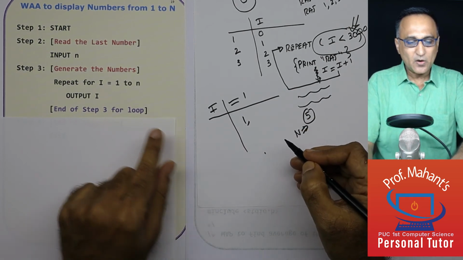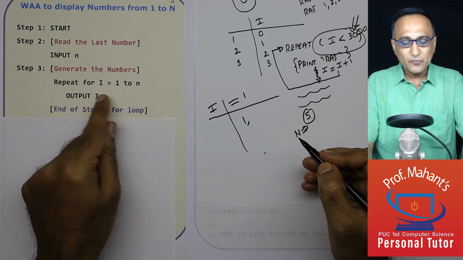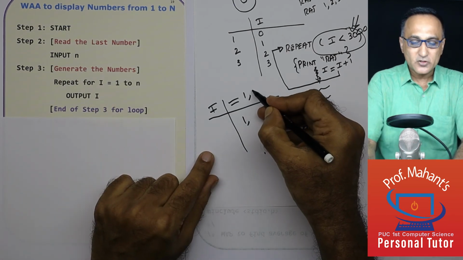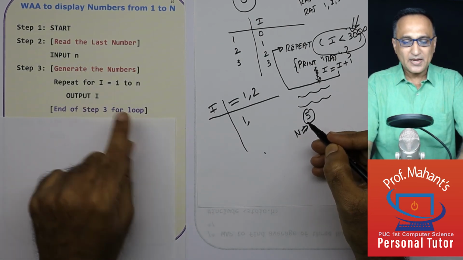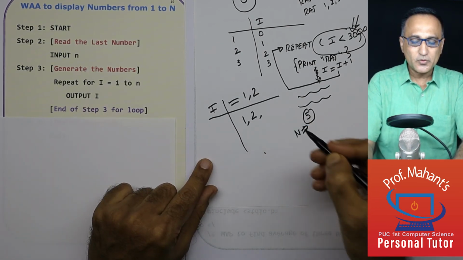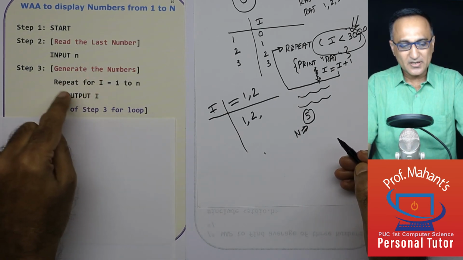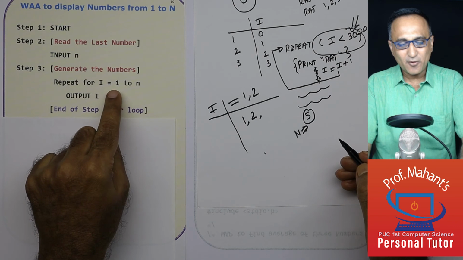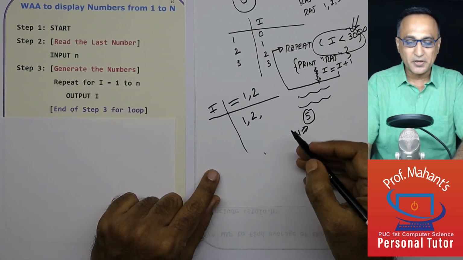Now, after it prints 1, I will be increased by 1 automatically for us. So I becomes 2. So next time, again I am outputting I. So the value 2 is output. I go back here. This repeat for means this block is executed till the value of I reaches n. As long as I is not equal to 5, it's going to keep printing.